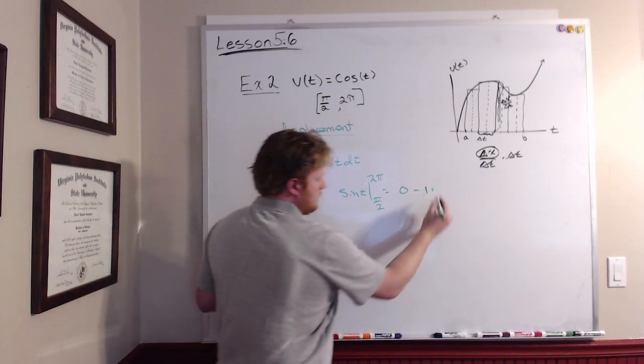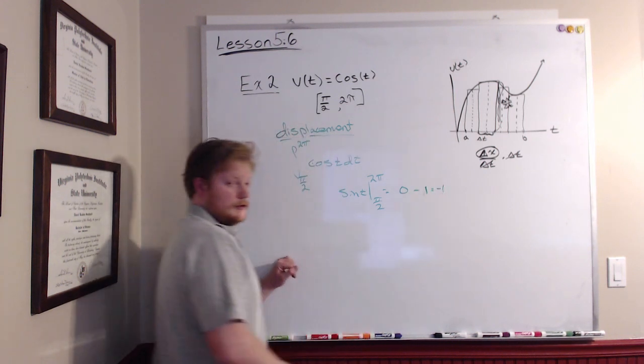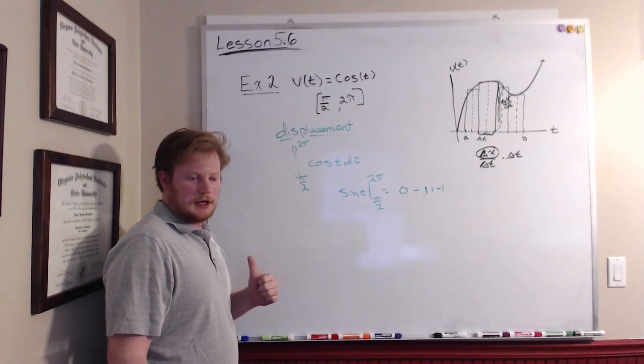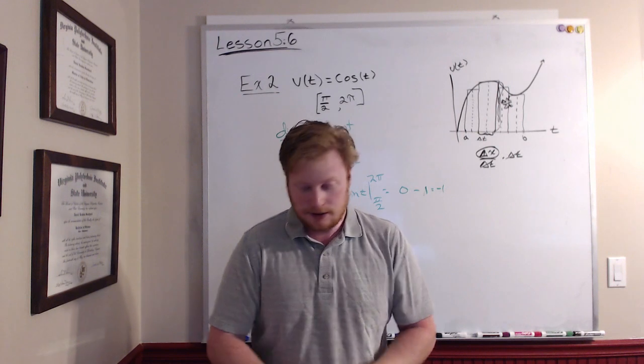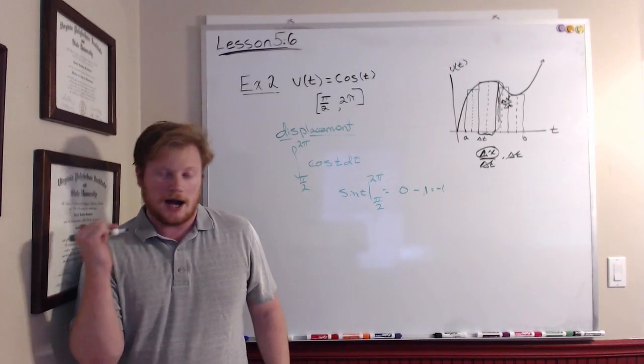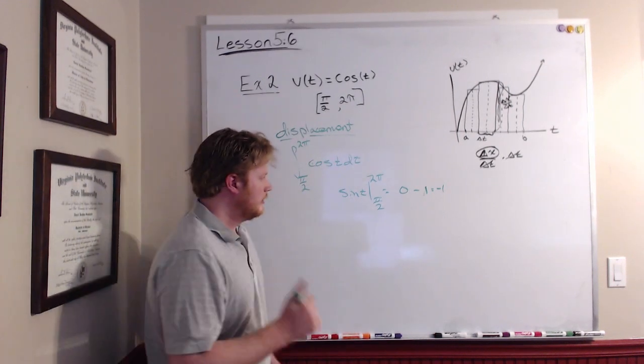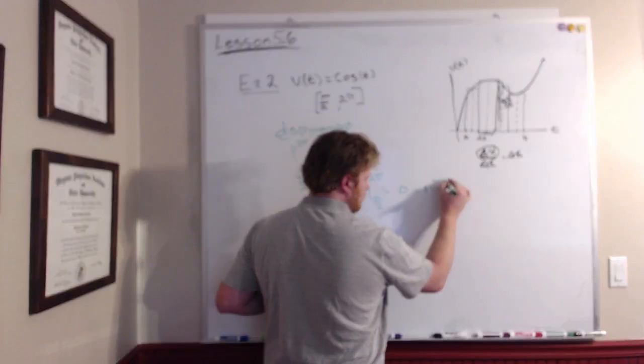So my displacement is -1 units. That means wherever I started, when I stopped I was 1 unit behind where I started, 1 unit in the negative direction.